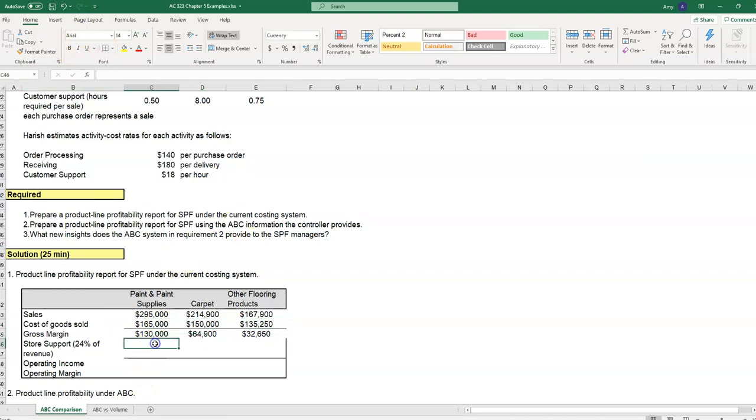Then we are going to allocate store support costs, 24% of revenues. So we take our revenue amount times 24%. We're going to carry that all the way across. If we subtract that, that gives us our operating income.